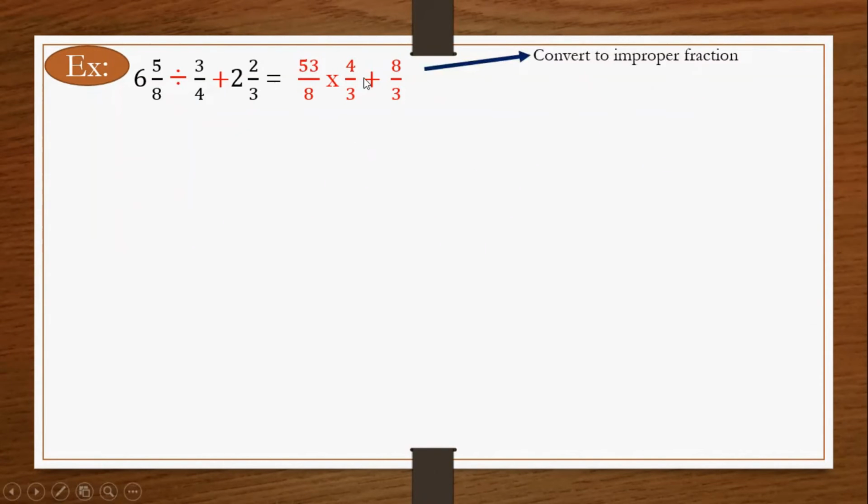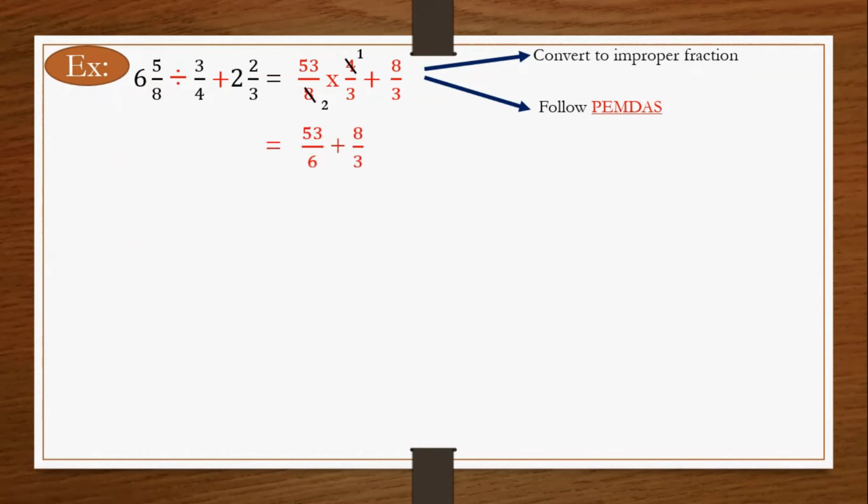So we will write it like this. Next, we follow PEMDAS. So we have division and addition, meaning we will solve the fractions with division first. Let's start by getting the reciprocal of 3 over 4, which is 4 over 3. And then after that, use cancellation method. The answer is 53 over 6.